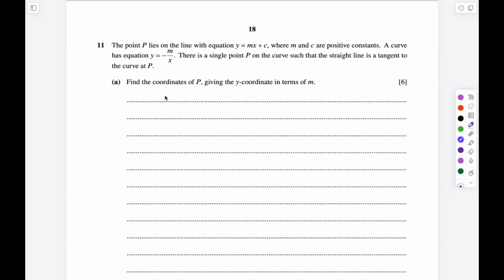So first we can equate the two equations and write mx plus c equals minus m upon x. Cross multiplying, this will become mx squared plus cx equals minus m. Bringing the m on this side, we'll get mx squared plus cx plus m equals 0.